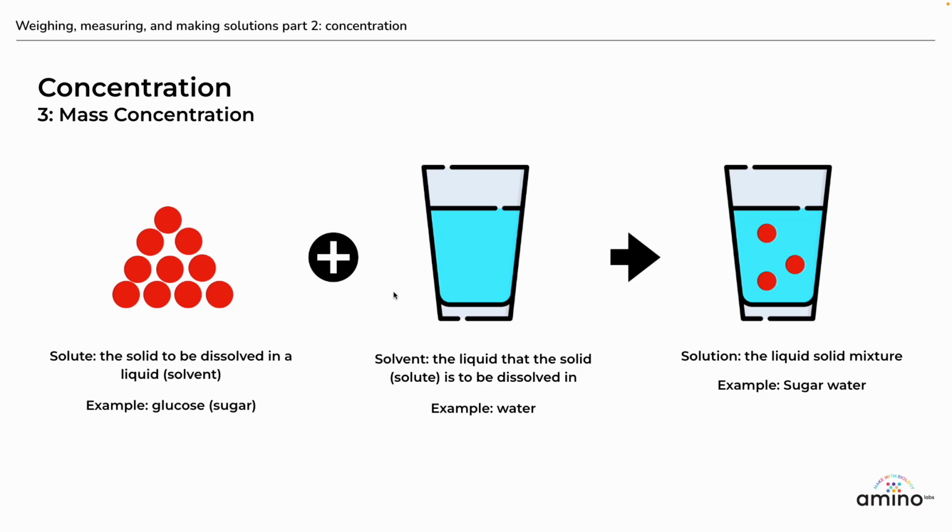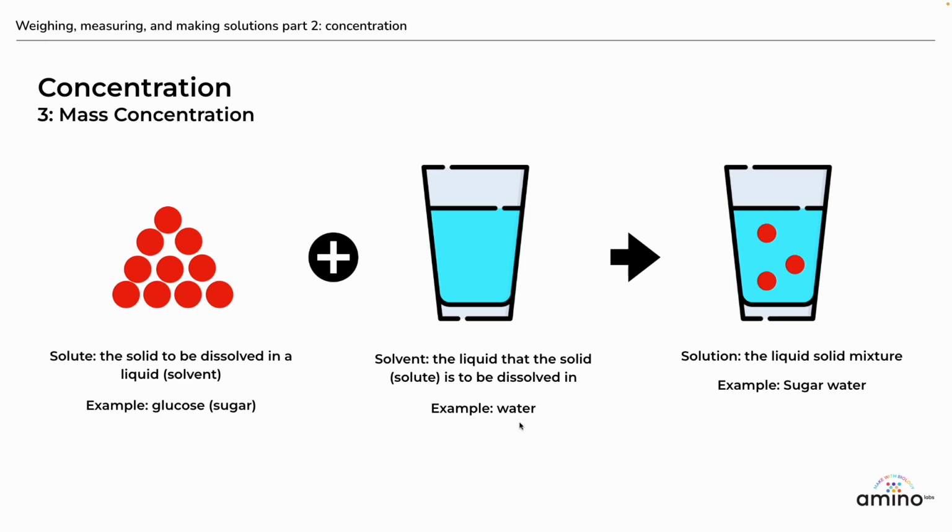All right, on to section 3, mass concentration. So mass concentration is very widely used in the lab, and it involves taking a solid that is to be dissolved in a liquid. This is called the solute. It's a very important term. And dissolving that, mixing it and dissolving it into a solvent, which is the liquid that the solid, solute, is to be dissolved in.